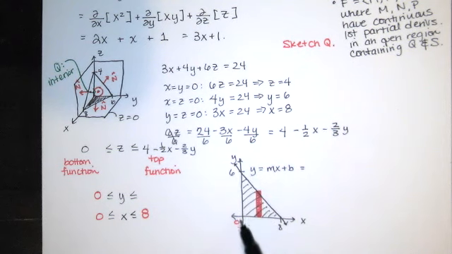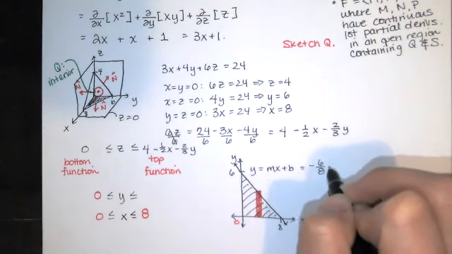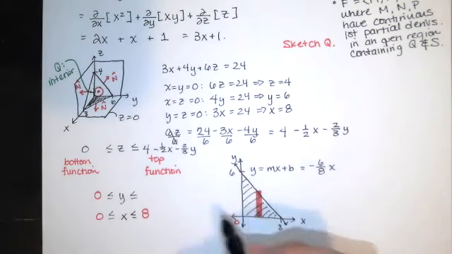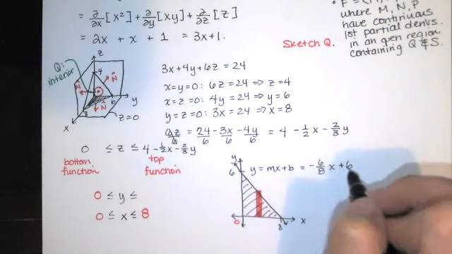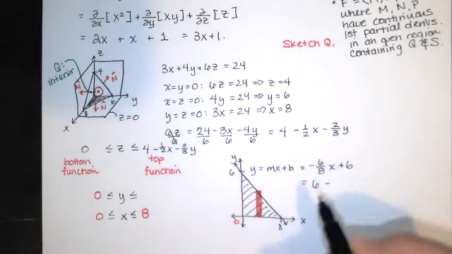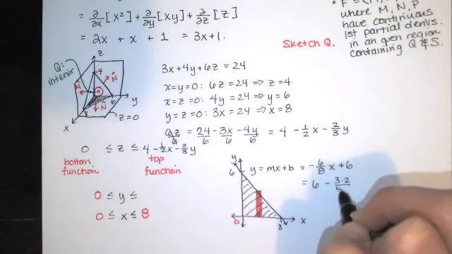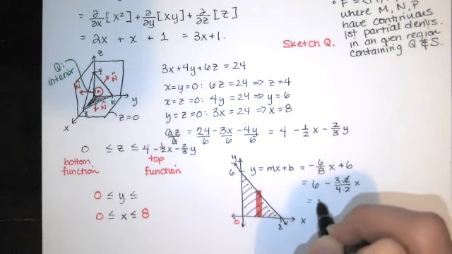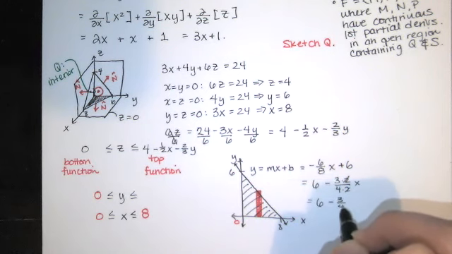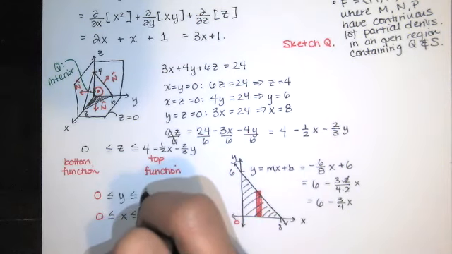So we go down 6 and over 8. That's our slope. And the y-intercept, that's where the line crosses the y-axis, is 6. So we end up with 6 minus 6 over 8. That's 3 times 2 over 4 times 2. Of course, the 2's reduce, and we get y equals 6 minus 3/4 of x.